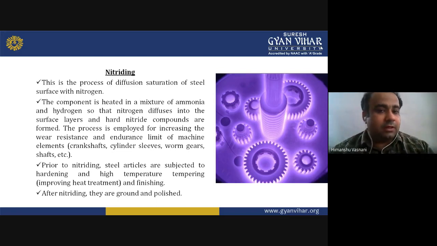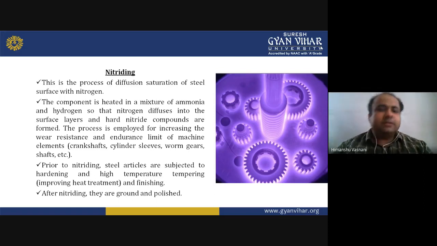Now here comes the application. Why are we doing this nitriding heat treatment process? We want to increase the wear resistance and endurance limit of the machine element or part. For example, it may be used on crankshafts, worm gears, cylindrical sleeves or shafts.